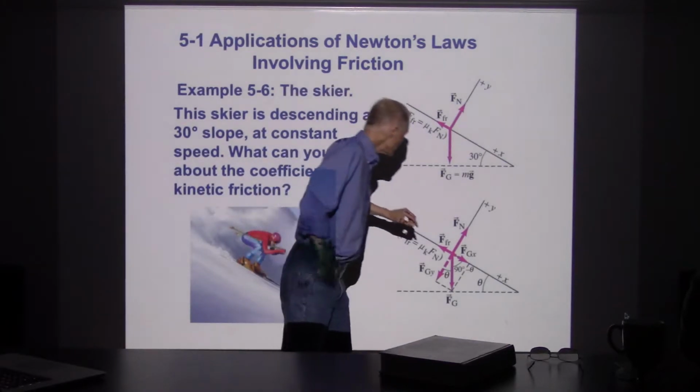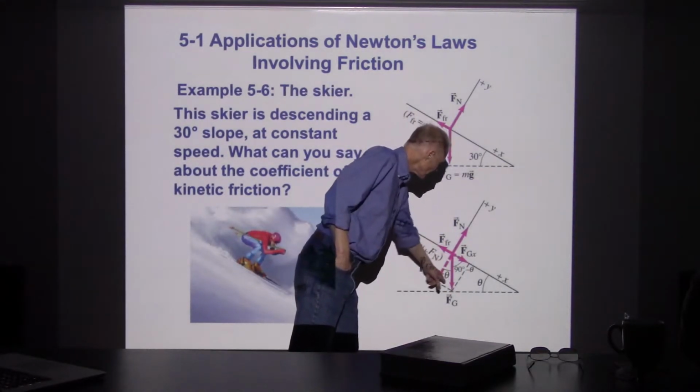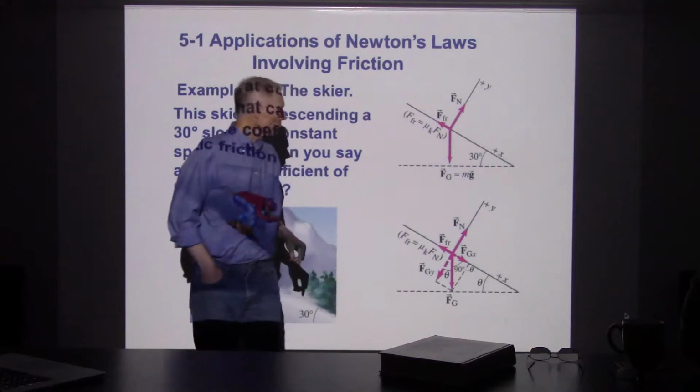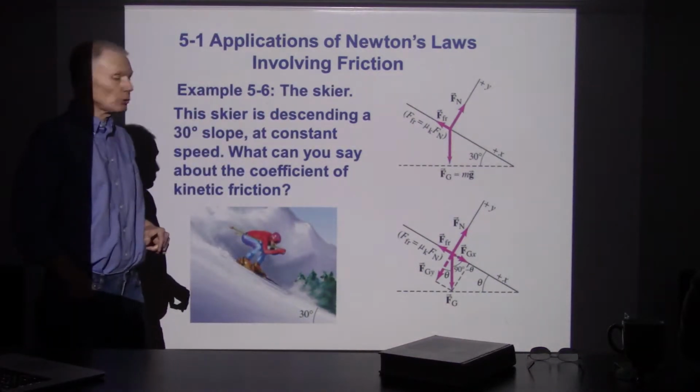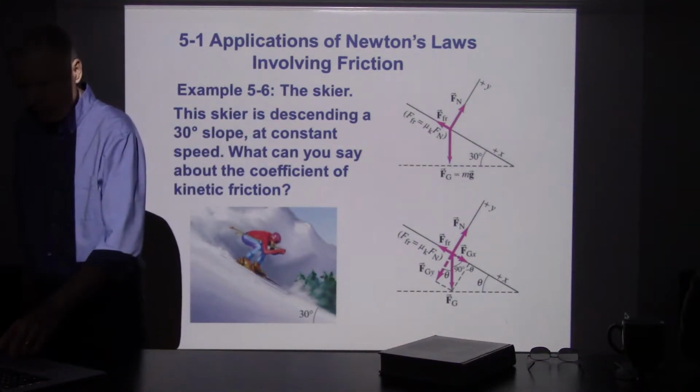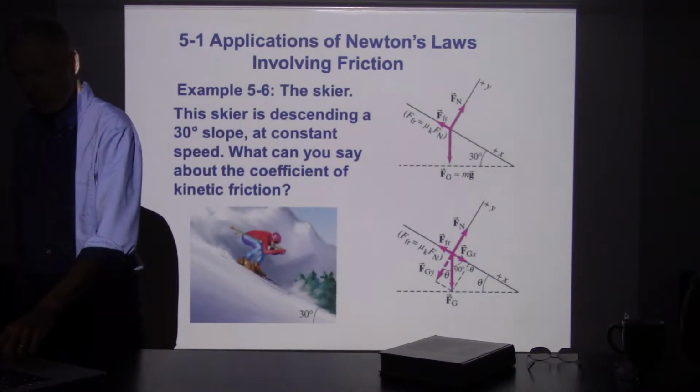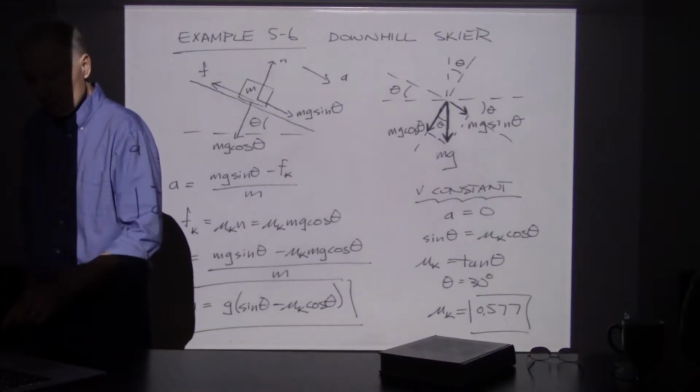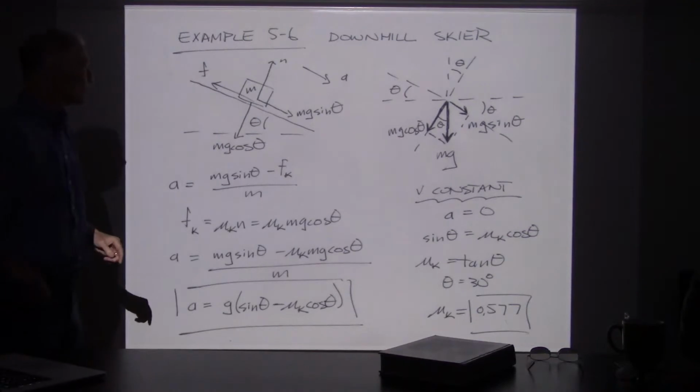Doing a quick review here, we paid special attention to how the gravitational force was being divided into components, and that was kind of the biggest item that had come up. And so we did a force diagram with this.